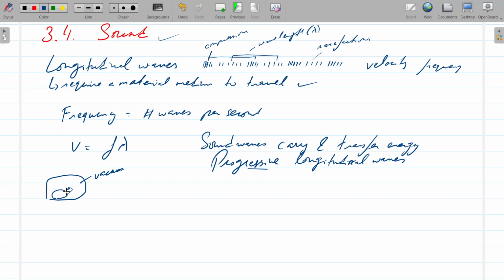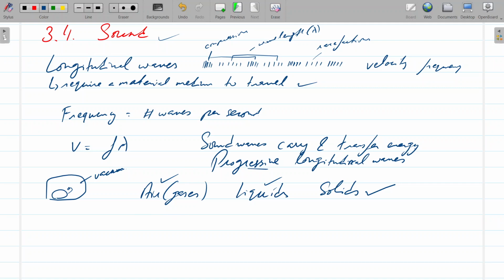It's not just air, but they can travel through air, which is an example of gases, and also through liquids and solids. In fact, they travel fastest in solids.